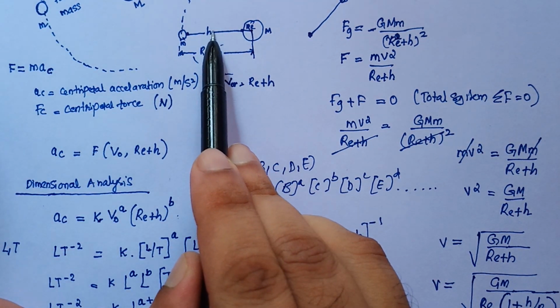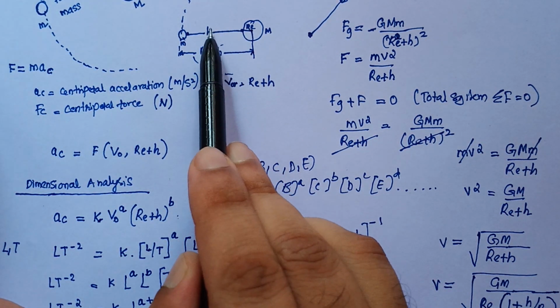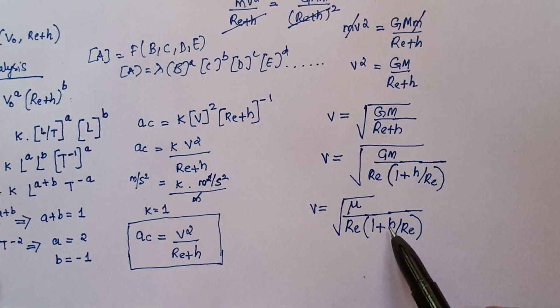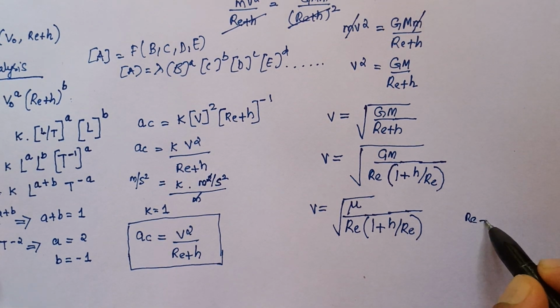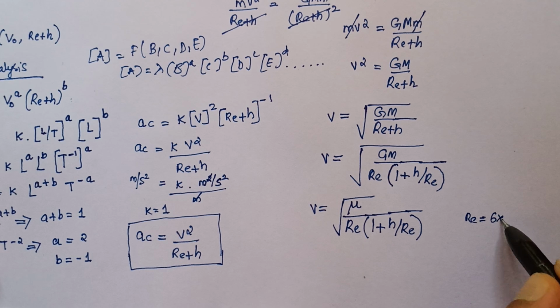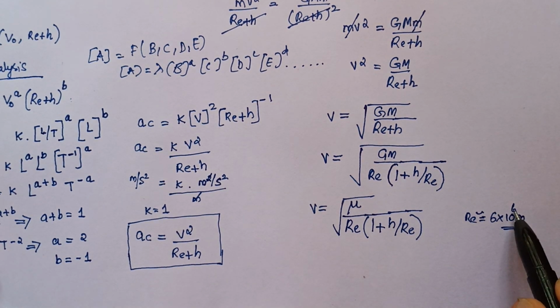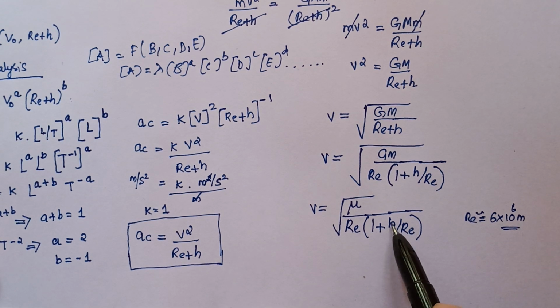Let's say this is being so close to the surface. Re is approximately the radius of the Earth, so this is 10 power 6, and h maybe up to 100 meters or something, so this is going to be a very low quantity.